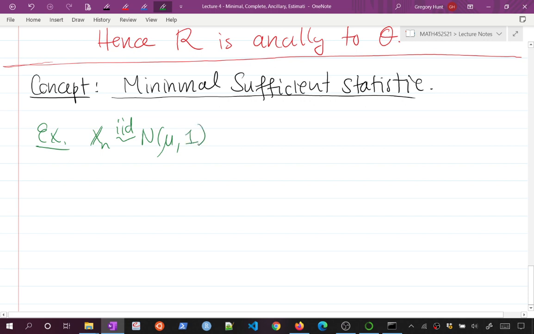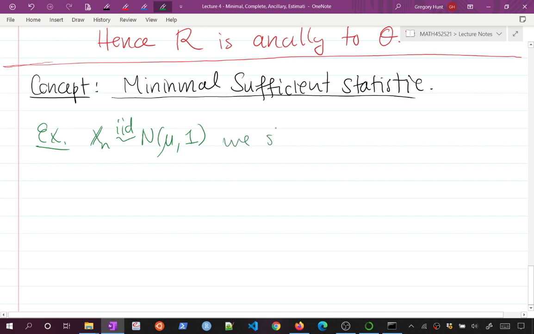Oftentimes you'll see people do things like this where they say normal mu 1. That's basically because they don't want to have to write normal mu sigma squared, where mu is unknown, but sigma squared is known, right? It's basically the same thing. So whenever you see someone writing normal mu 1, it's because they only want to consider the family of normal distributions parameterized by just the mean being unknown.